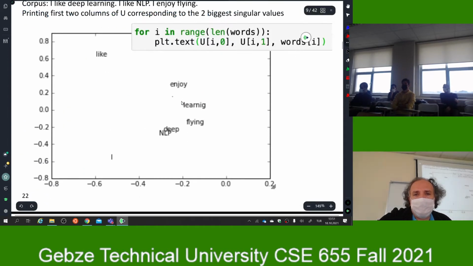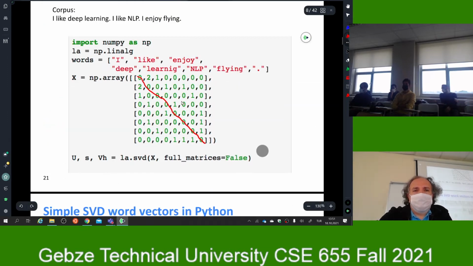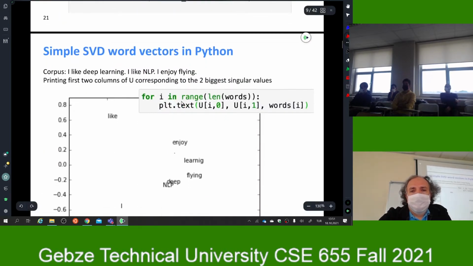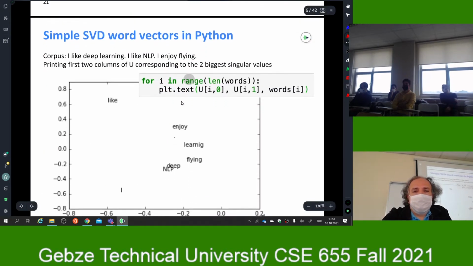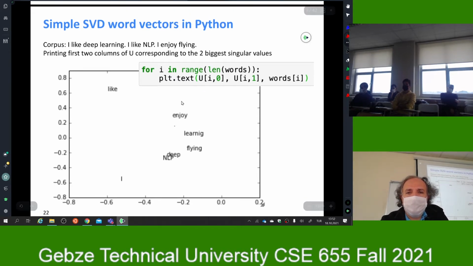And if I do this, again, it is easy to understand. For i in range length of words, remember the words is an array of strings. There are 8 of them. Okay, this loop will run from 0 to 8, and it says put this in position U i0 to U i1. This is X position and Y position.